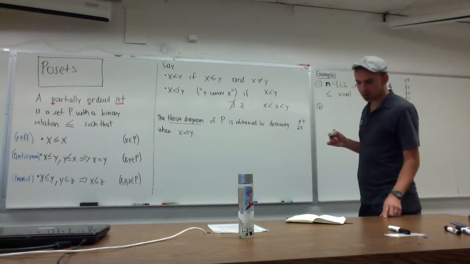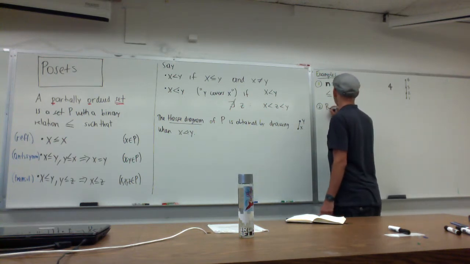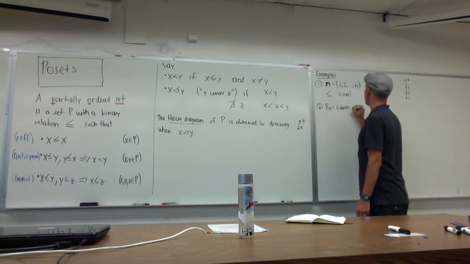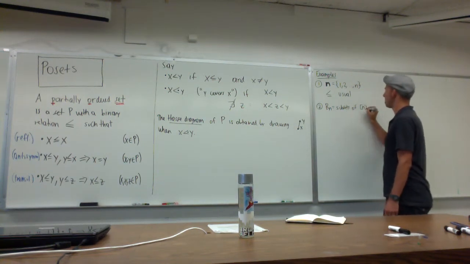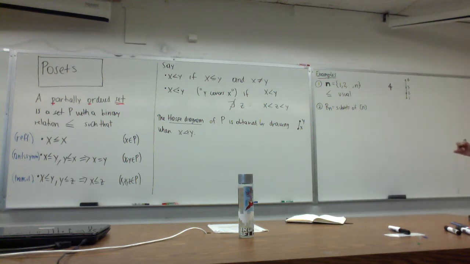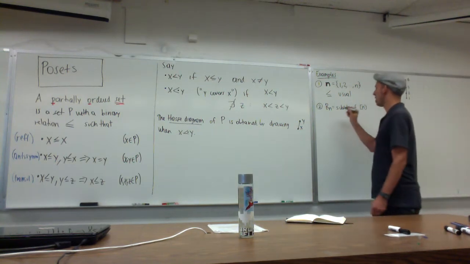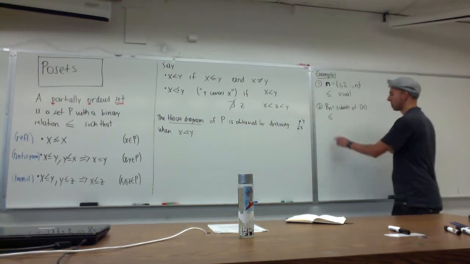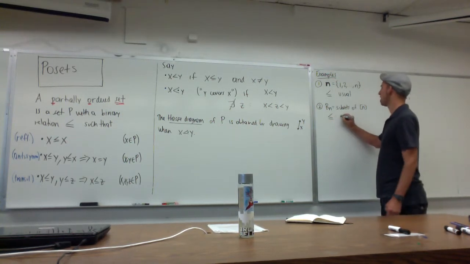The second example is the subsets of the numbers from 1 up to n. Okay? And we say that the order is containment.